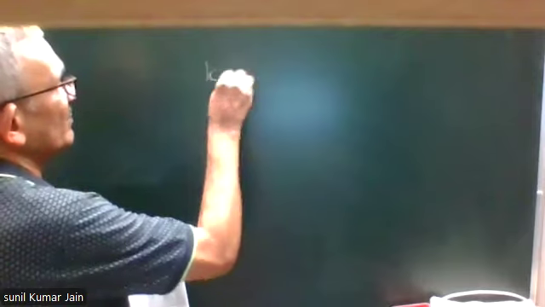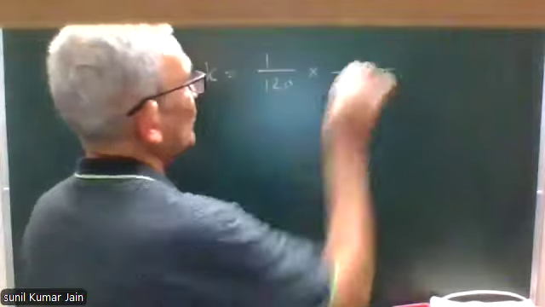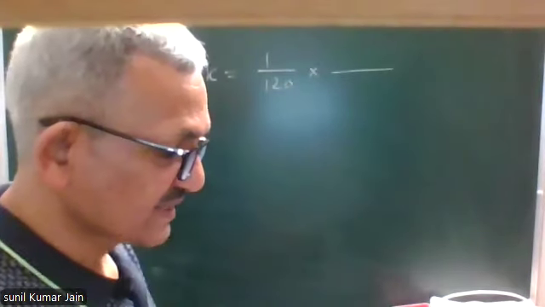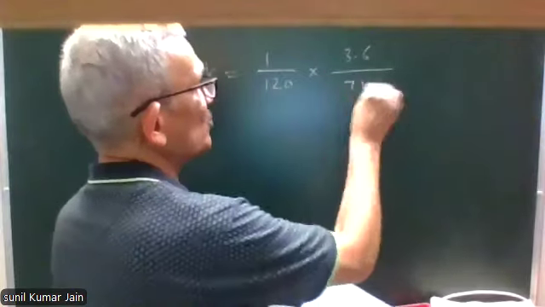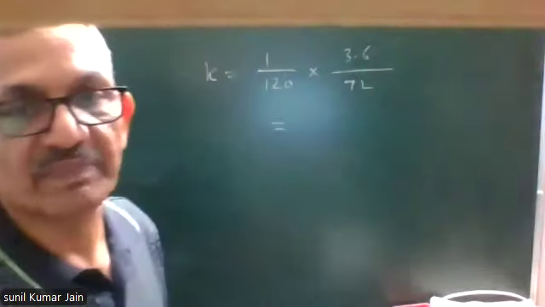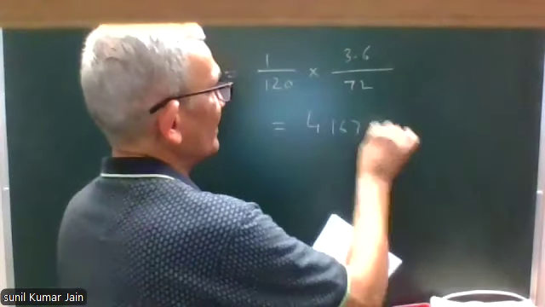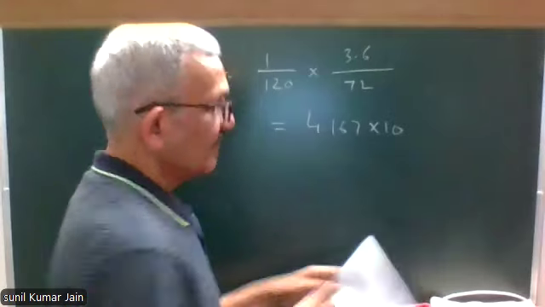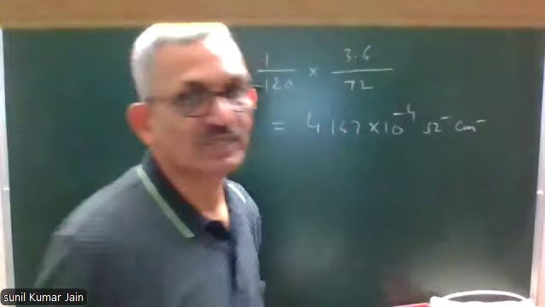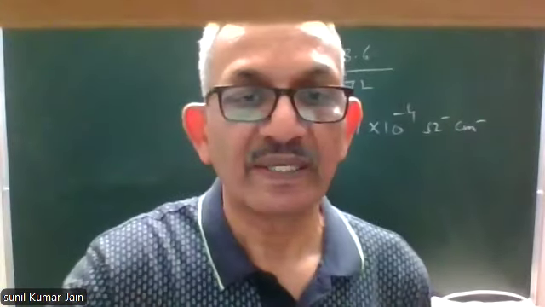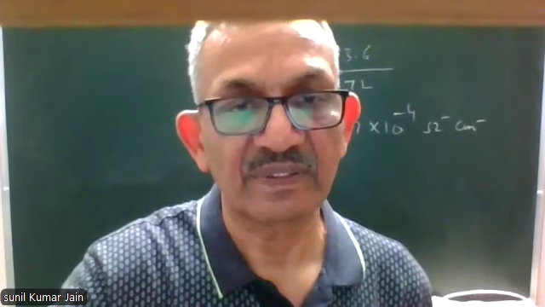So kappa is equal to 1 by R, R is 120, into L by A. L is the distance, that is 3.6 centimeters. Area of cross section is 72 centimeters square. Just multiply, divide, and you'll get the answer: 4.167 into 10 power minus 4 ohm inverse centimeter inverse. But remember, do not expect such simple numericals in the exam. Never.